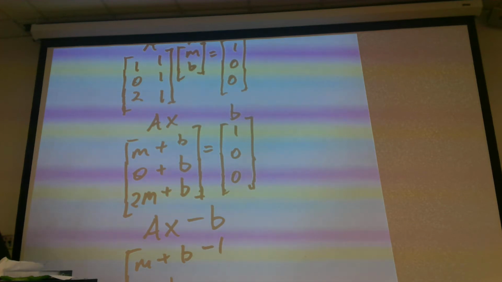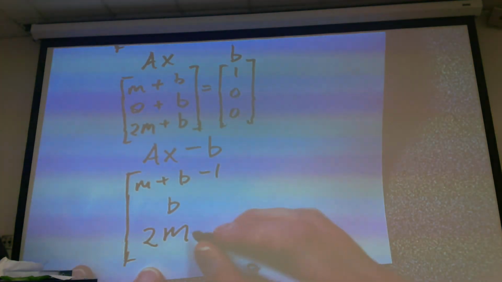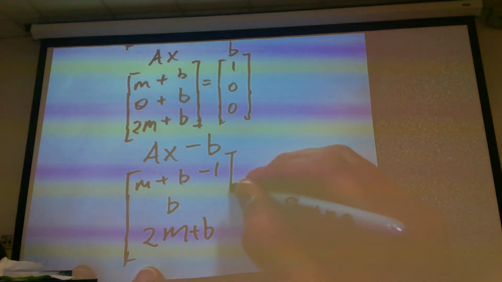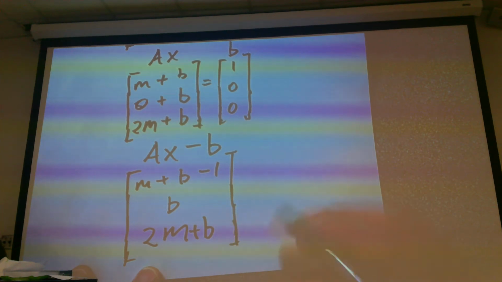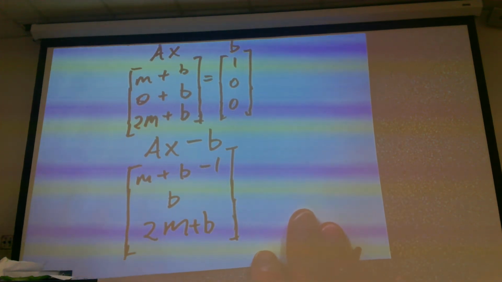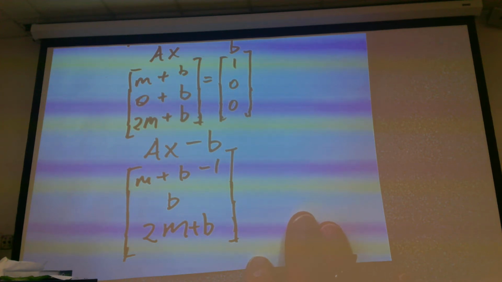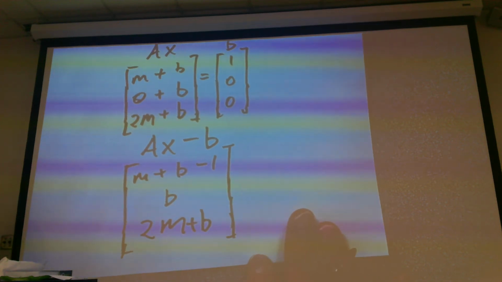And this bottom one would be 2m plus b. Now we have ax minus b.